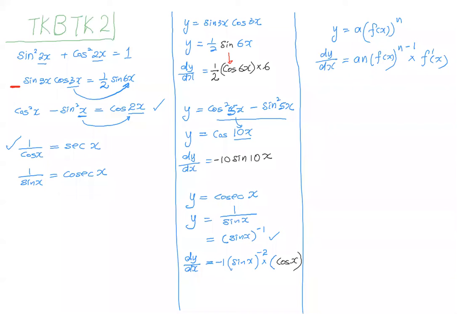Okay. So it becomes negative cos x over sin square x.